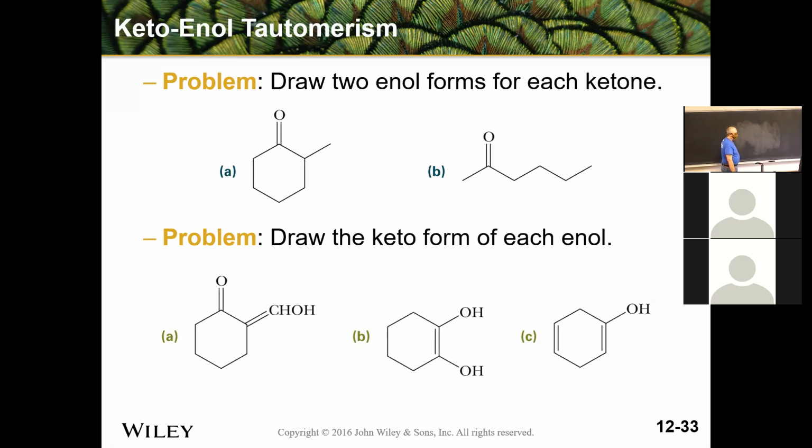Letter B would be similar. This is called an ene-diol. If you go on to take biochemistry, this functional group is an intermediate in some of the sugar reactions, carbohydrate reactions.